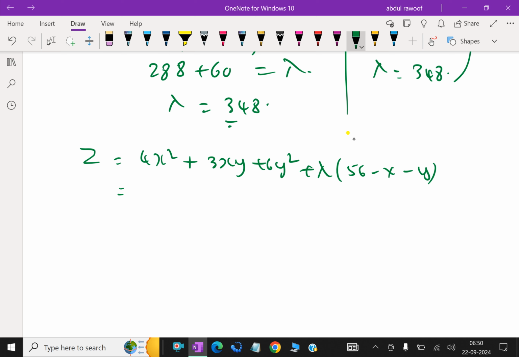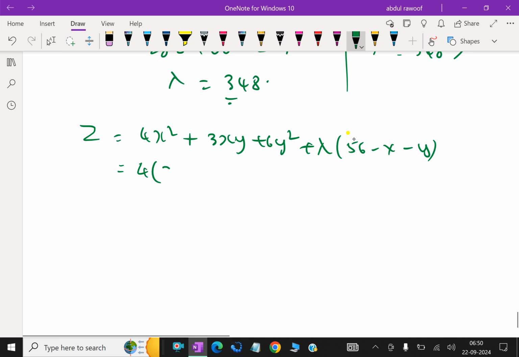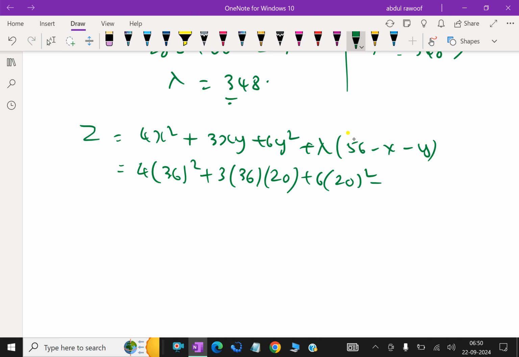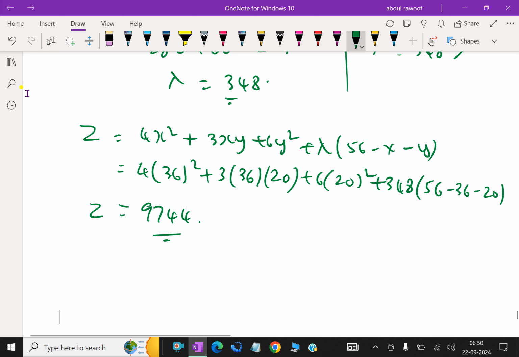This is the optimizing equation. 4 into 36 square plus 3 into 36 into 20 plus 6 into 20 square plus lambda equal 348 times 56 minus 36 minus 20. By substituting these values, we will get z equal 9744. This is the optimizing value of this function.